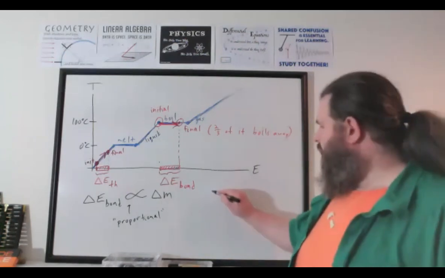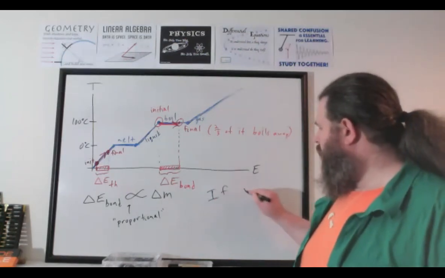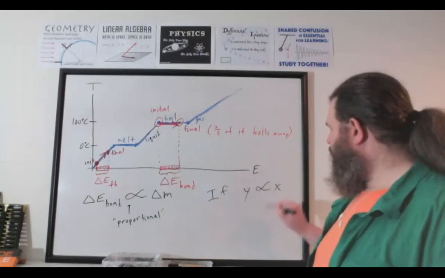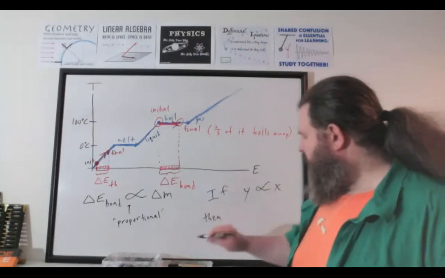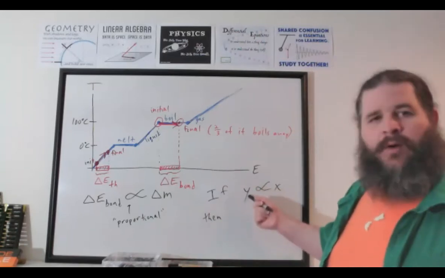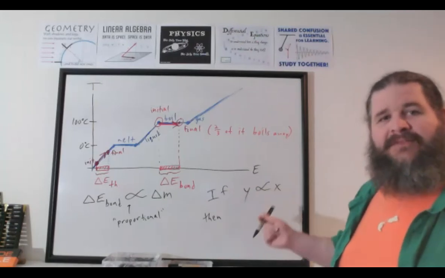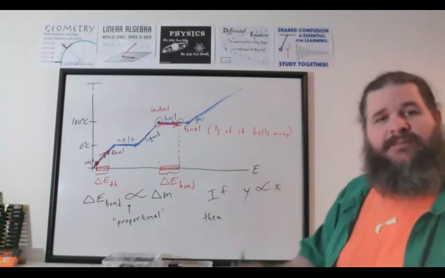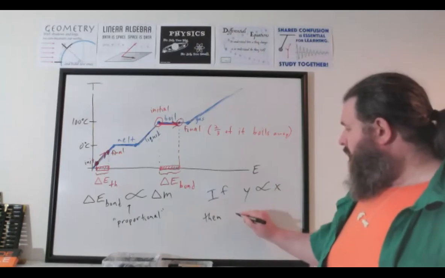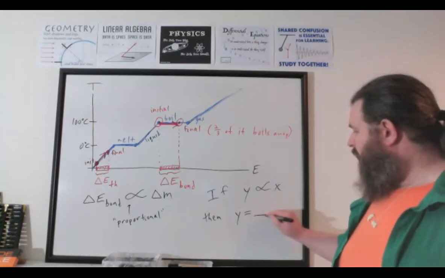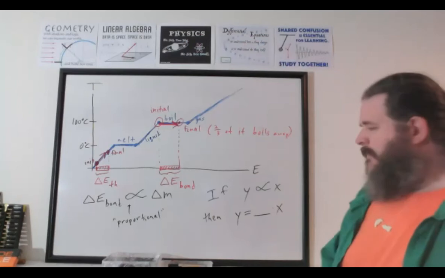Yeah, in general, if we say that y is proportional to x, in the sense that, for instance, multiplying y by 5 also means multiplying x by 5, they get multiplied or divided by the same values. That means that y can be written as some constant times x.